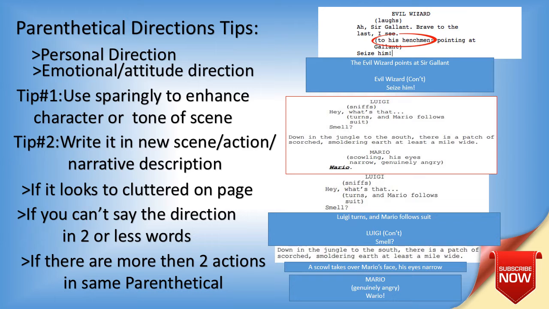Then you have Mario saying his dialogue, but you have a huge parenthetical, which is scowling, his eyes narrow, genuinely angry.